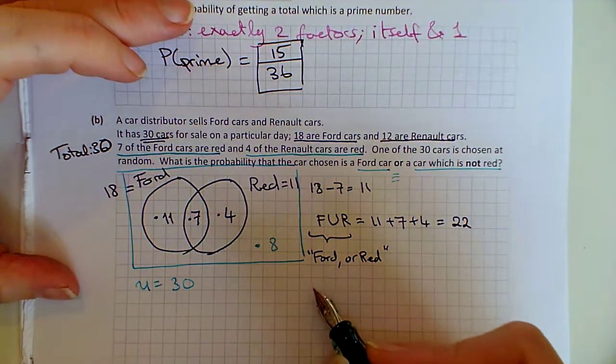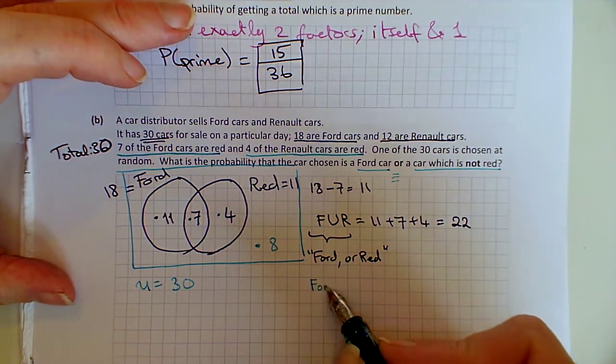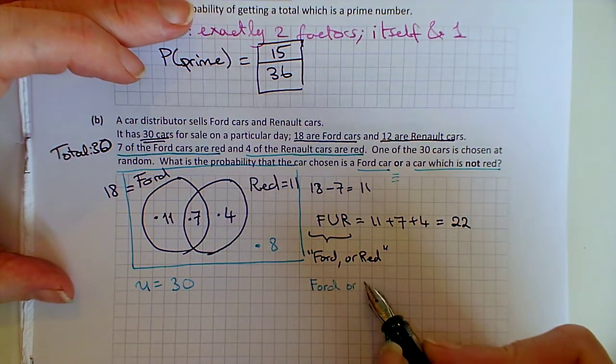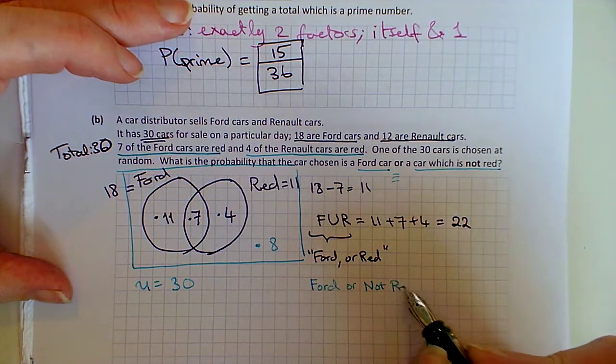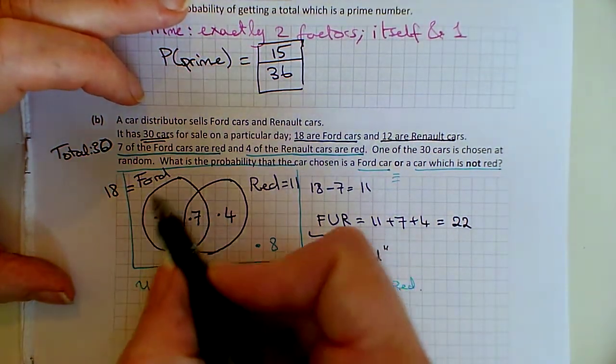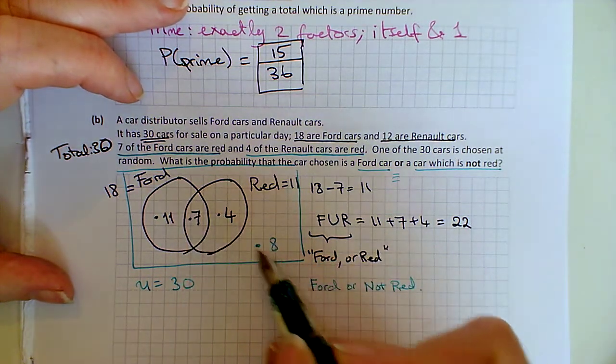Okay, so either Ford or not red. Now, we can be Ford and red, or we can be these guys that are out here. So that's what we're talking about here.